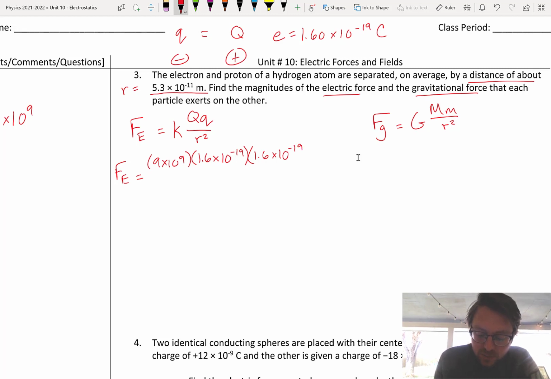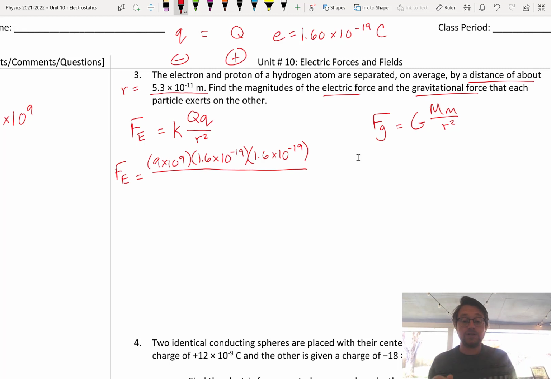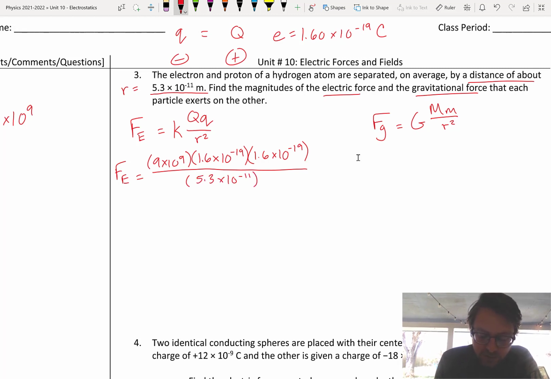I could write this as 1.6 times 10 to the minus 19 squared, or I could write them out as separate charges if it helps me keep track of making sure I have both Q's in there. Whatever you want to do, they have the same amount of charge, so you could square it. The r value is 5.3 times 10 to the minus 11. Don't forget to square that, right? This is a common thing. We forget the squared. Make sure we got that in there.